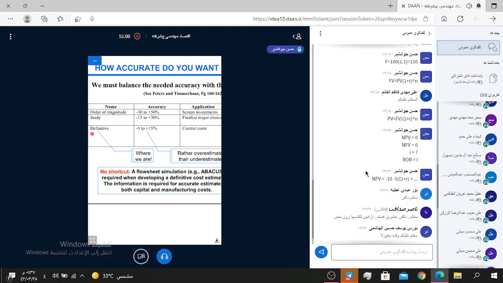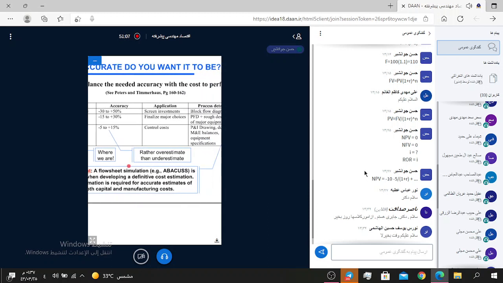For example, definitive estimates, accuracy is minus 5 to 15%.